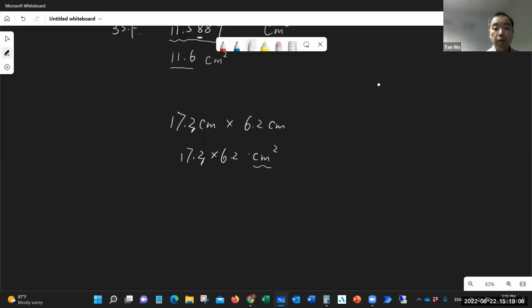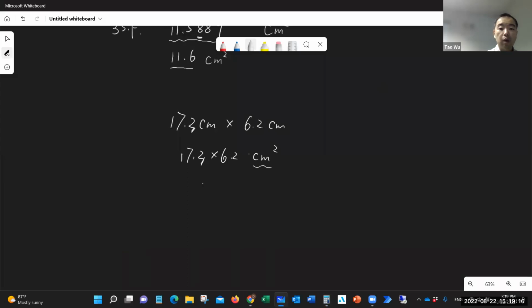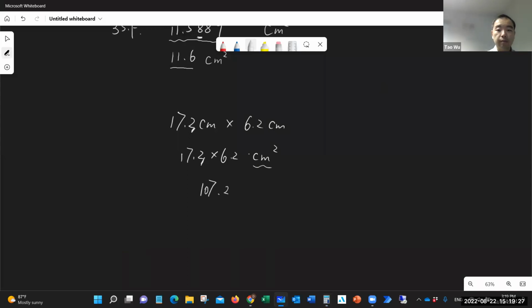Those two multiplied together, you get 107.26 centimeter square.